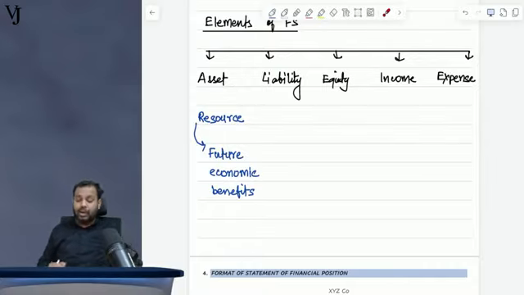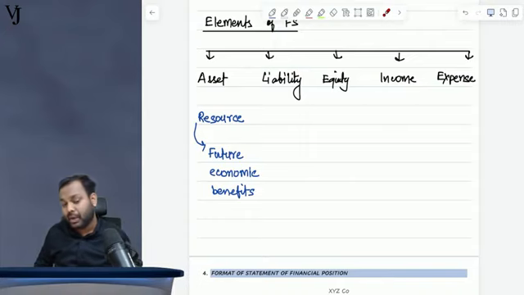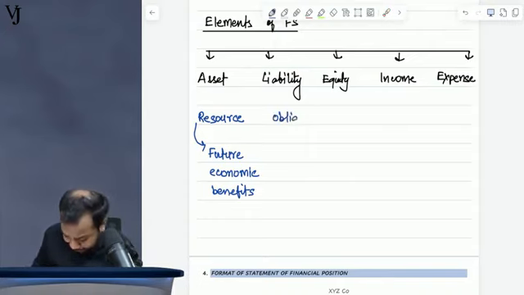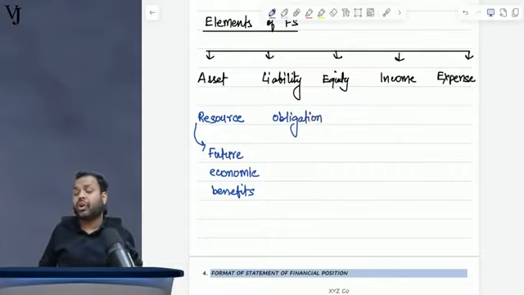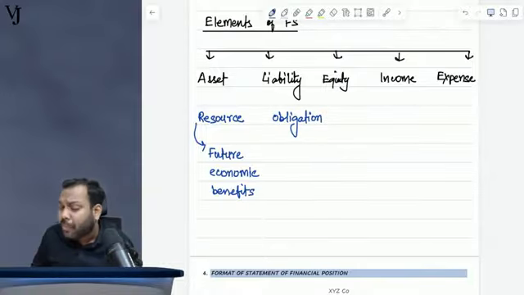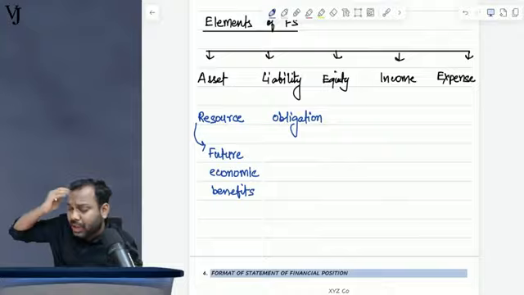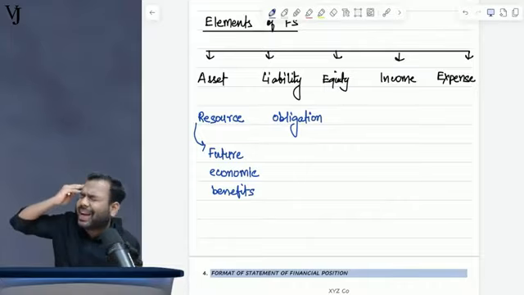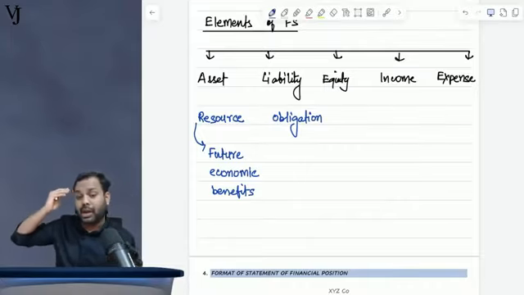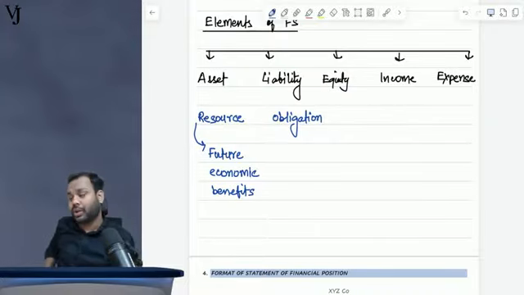Now, what is a liability? Liability is your obligation. Why obligation? Let's suppose I have taken a loan from the bank. Don't you think I have an obligation in my head that I have to repay this loan?